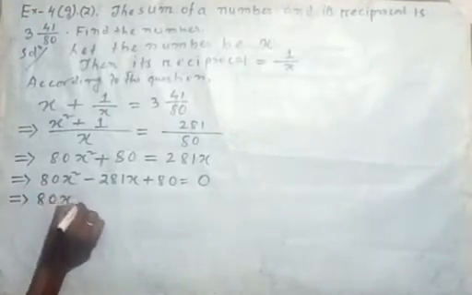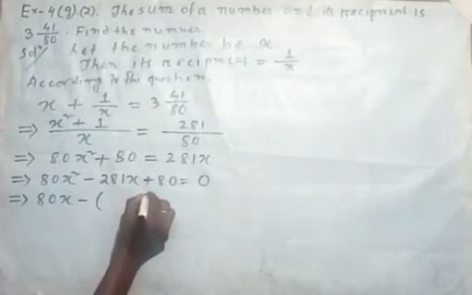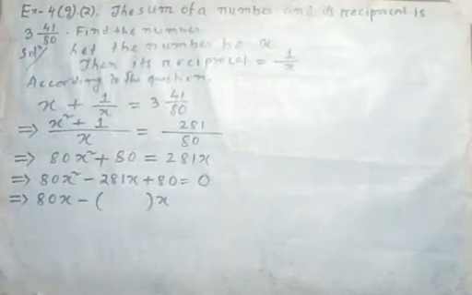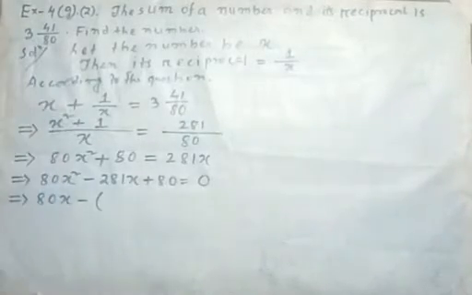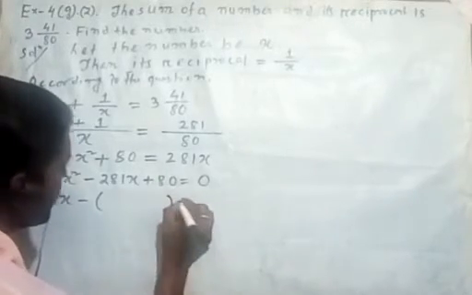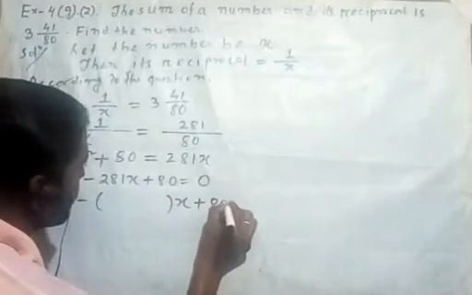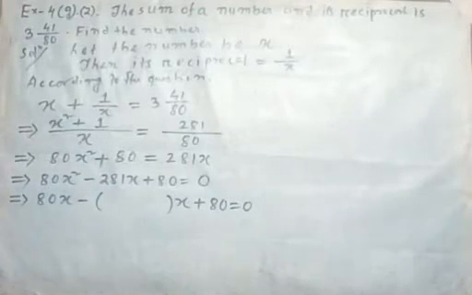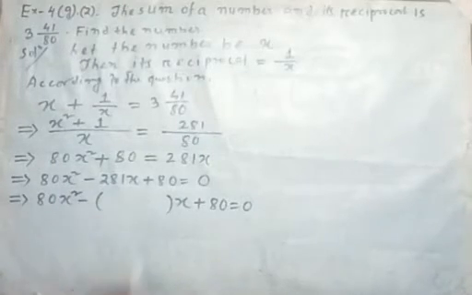80x square is 80x square, minus 281x, plus 80. This is the quadratic equation ax square plus bx plus c equal to 0.